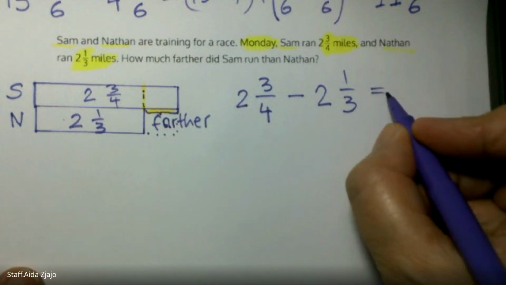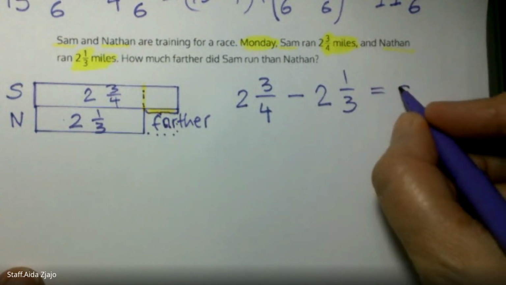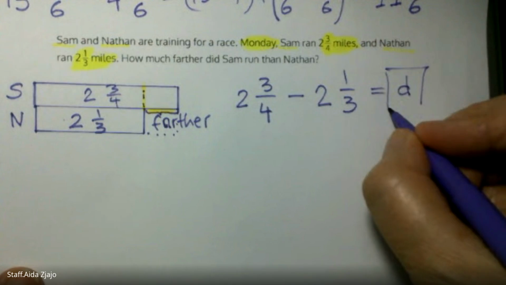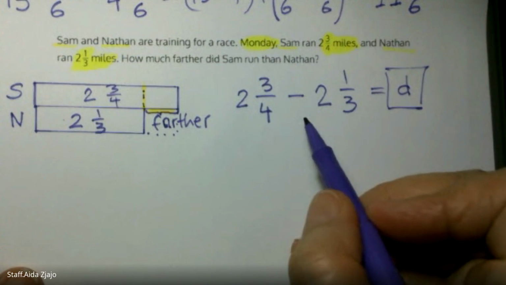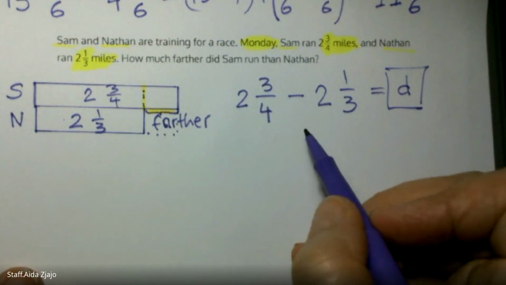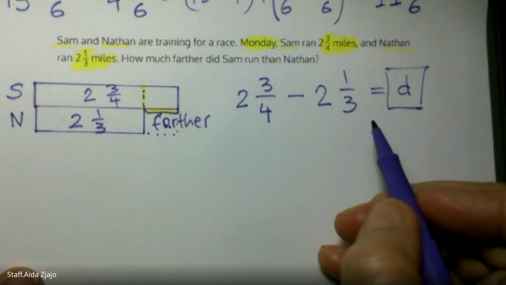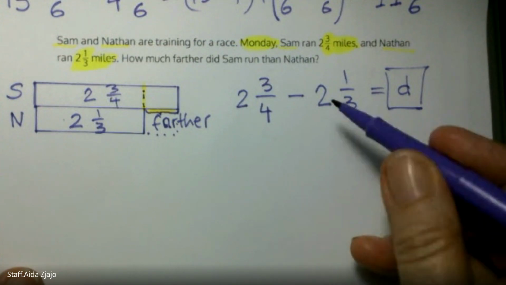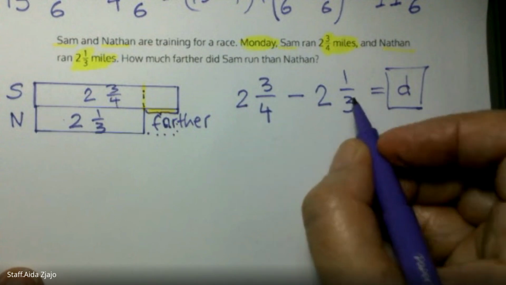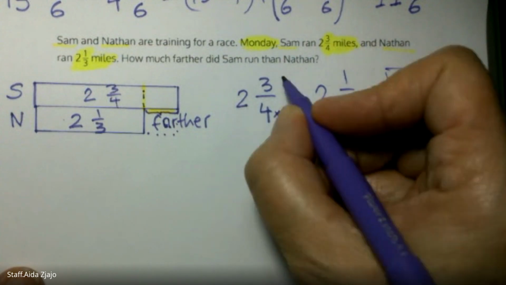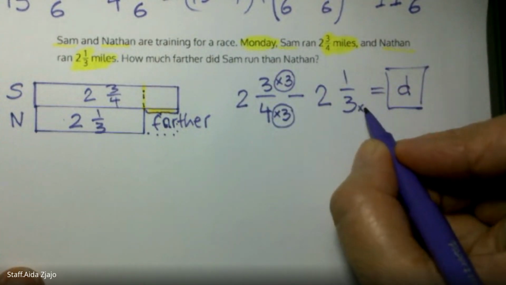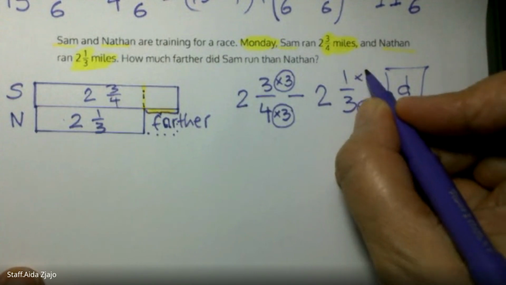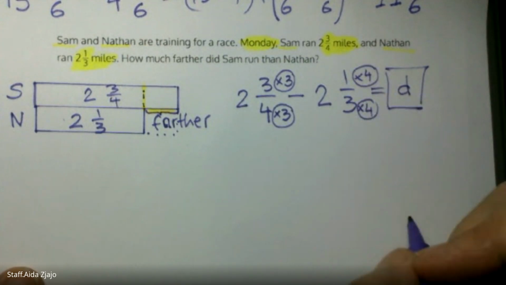Then we will find the difference. The sizes are not the same. If you skip count by 4, you reach 12. If you skip count by 3, you reach 12 as well. So 4 times 3 will give me 12, my least common denominator, and then times 4 would be that.